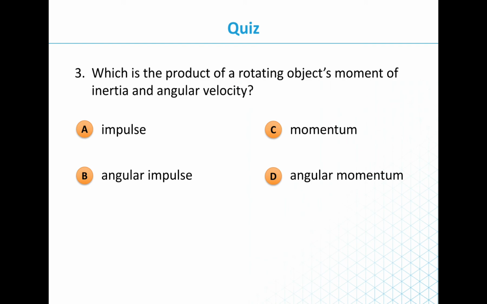Question number 3. Which is the product of a rotating object's moment of inertia and angular velocity? Which one is the right one? This is a definition, so the definition of what? Or you can say this is a law, so the law of what?